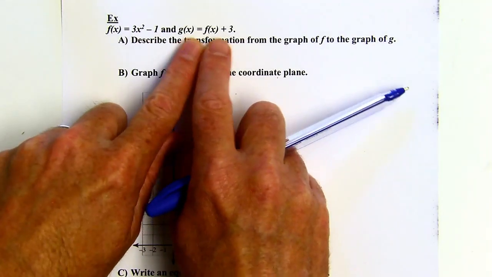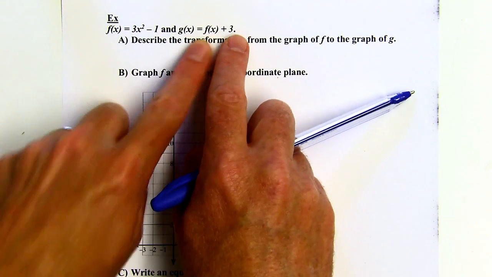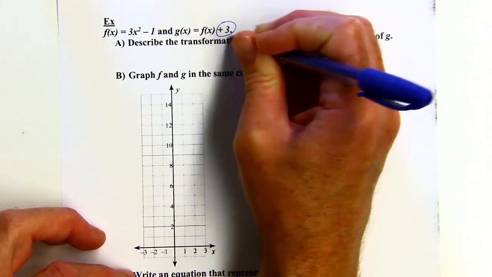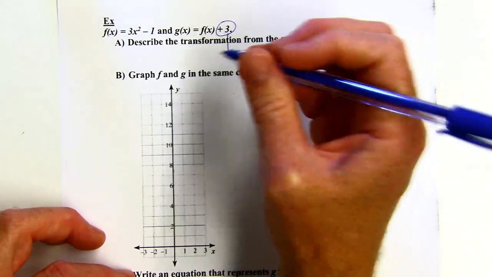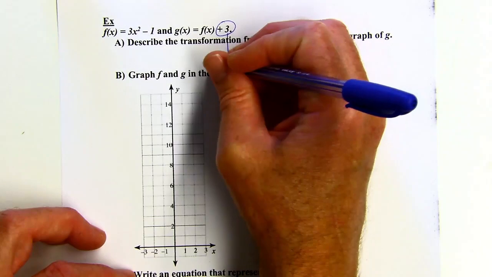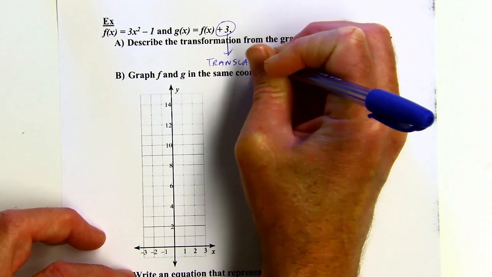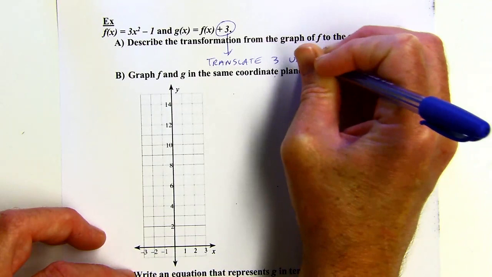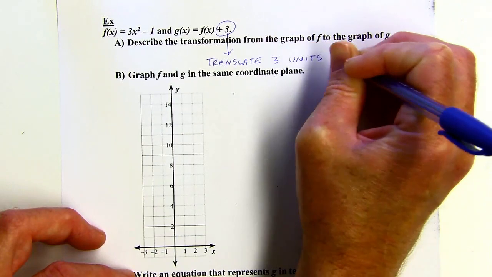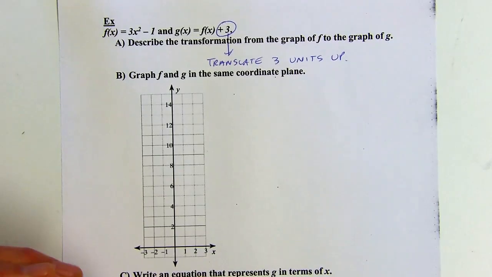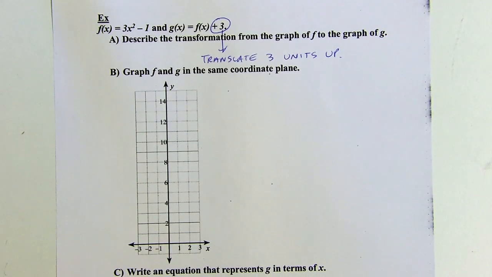Well, g has f of x with 3 added to it, so this means we're going to translate 3 units up, or shift 3 units up. So g is going to be translated up 3 units from f. All right, so let's graph the two functions on the same coordinate plane.